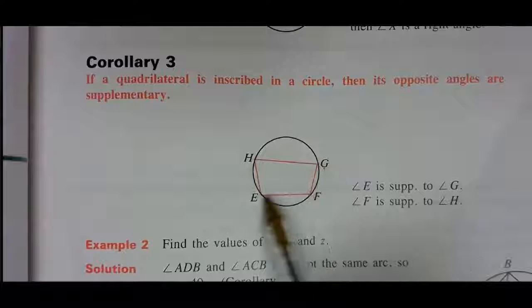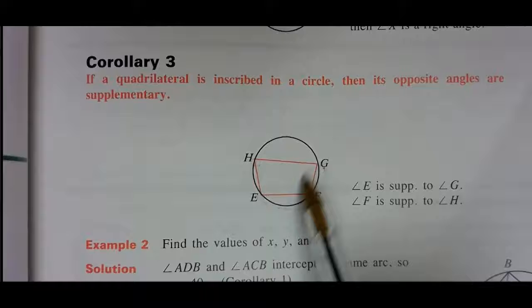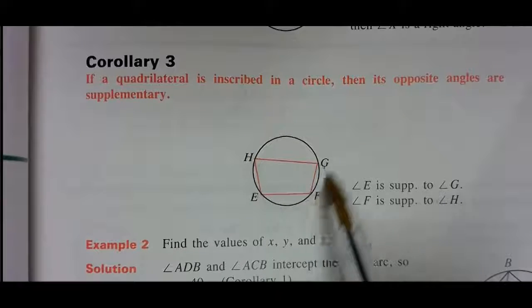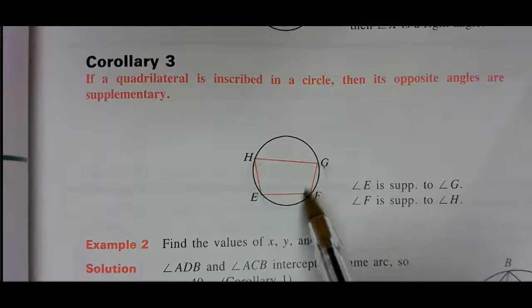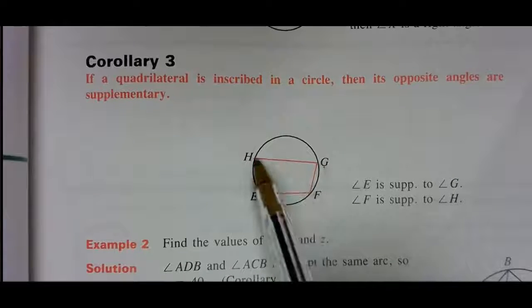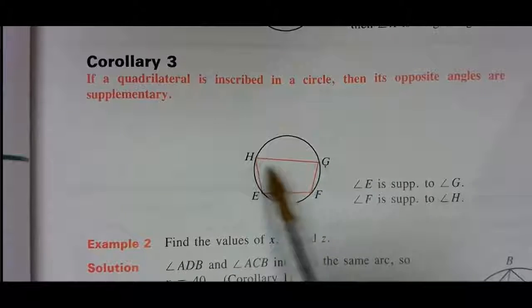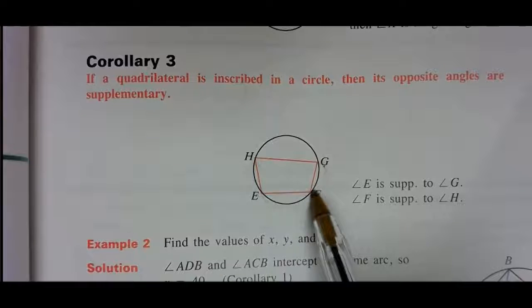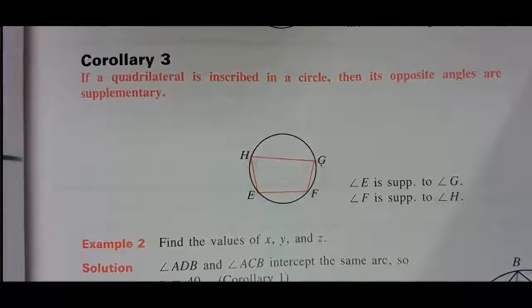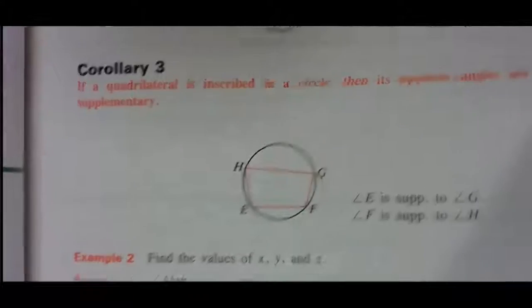Both arcs have to add up to 360, so each part of it is going to be 1/2. So H plus F has to add up to 180. So they are supplementary. Okay, let's solve problems now.